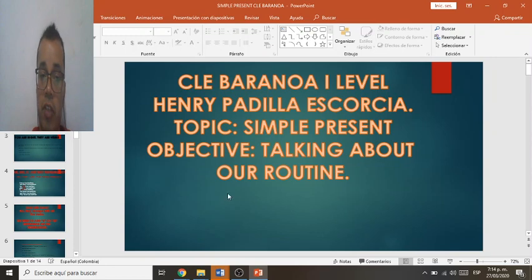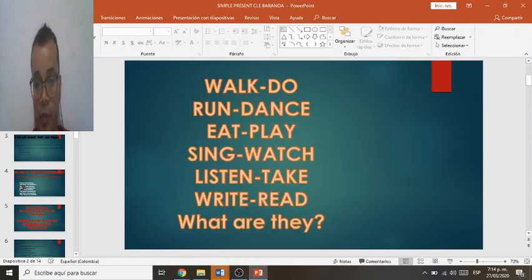We have some other verbs. I have here some verbs like walk, do, run, dance, eat, play, sing, watch, listen, take, write, read.